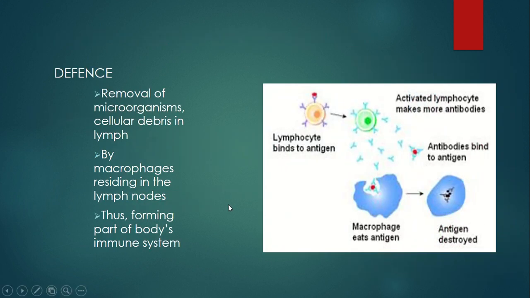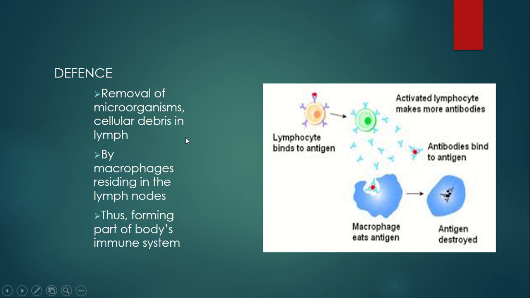The second important function you might have observed from my explanation is defense, as it is involved in the removal of microorganisms and cellular debris present in lymph by the macrophages residing in the lymph node.